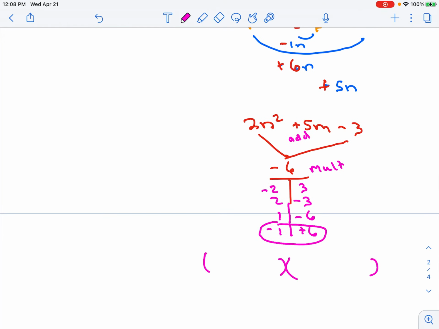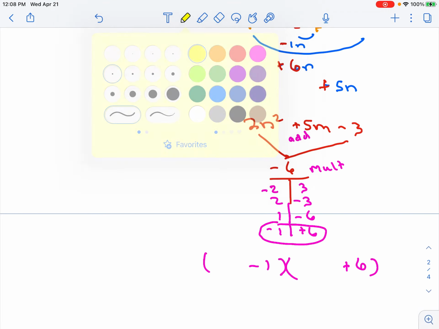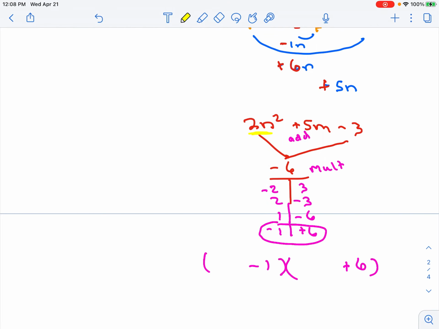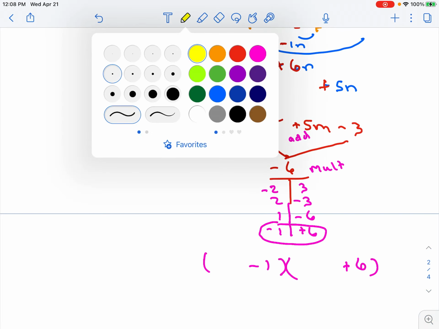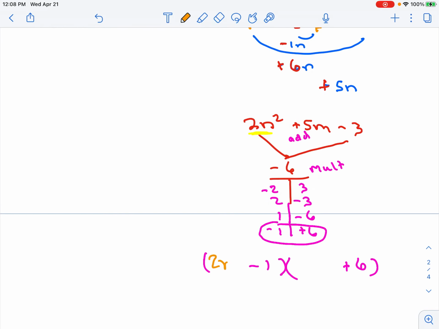So those are the numbers that I put in the back of my parentheses, -1 and +6. What goes in the front of the parentheses in this one, which is a little different, is my 2n. So I am going to put 2n and 2n.